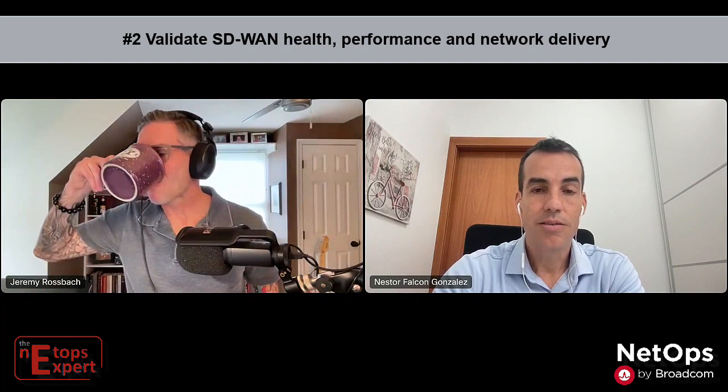Great question, Jeremy. And you're right, SD-WAN is becoming the technology of choice for network delivery, mostly because it is cheaper than MPLS, it's much more flexible, it can actually route automatically, it's secure as well. But if we think about it, it runs over an unreliable underlay, which is the internet.